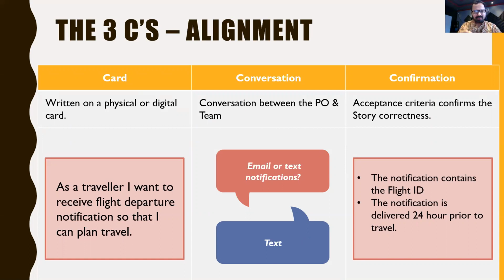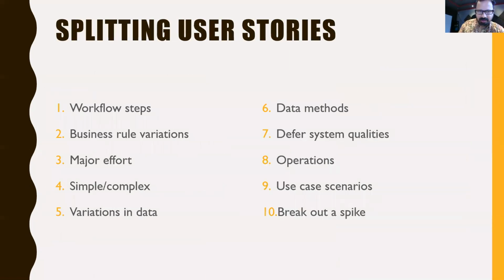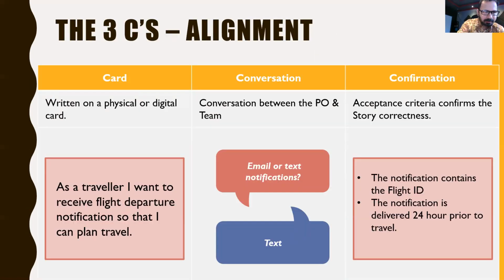Okay, so when we talk about defining a user story, what we have heard is, in the agile way of working, the product owner defines the user story and he accepts the user story. Okay, so the PO defines the user story and he accepts the user story.